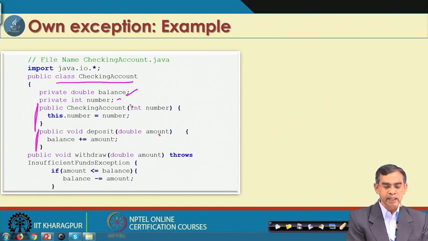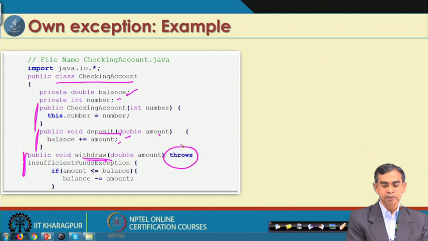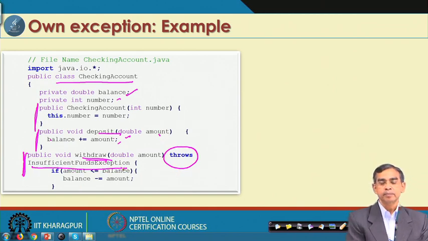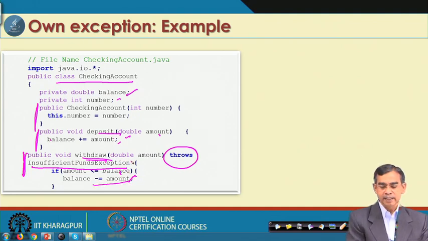So, the account will be checked, and then the amount will be deposited into the account, and there is another method in this class, the withdraw method. Here in this case we have mentioned one exception, throws InsufficientFundException. If the amount is less than or equal to the balance, then the balance will be adjusted, and if it is not, then it will throw an exception.